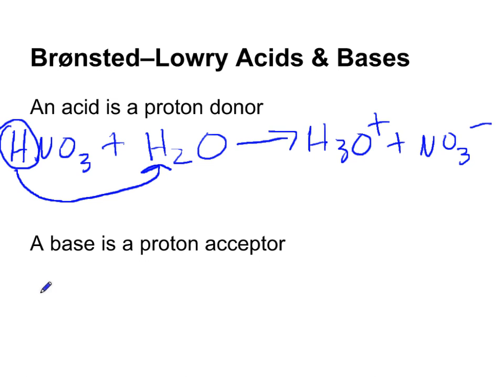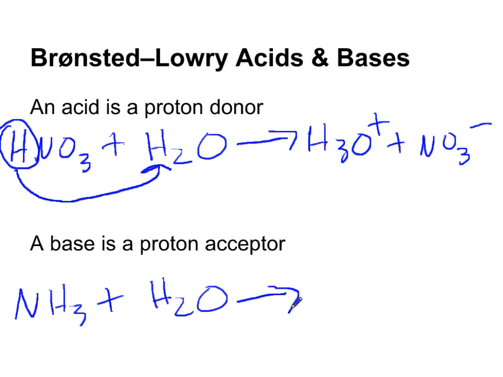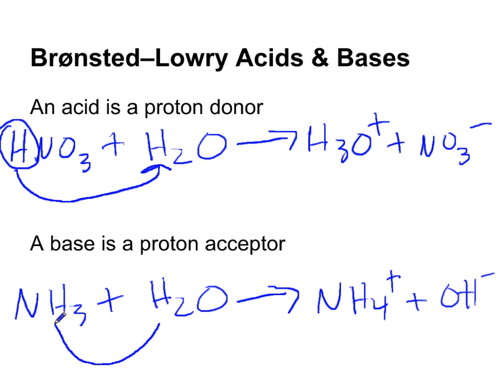A base is a proton acceptor. So if we look at ammonia, NH3, reacting with water, our products in this reaction are going to be the ammonium ion and hydroxide. So in this reaction, what happened is water donated a hydrogen ion, which is the same thing as a proton, to the ammonia to make NH4+ and OH-.